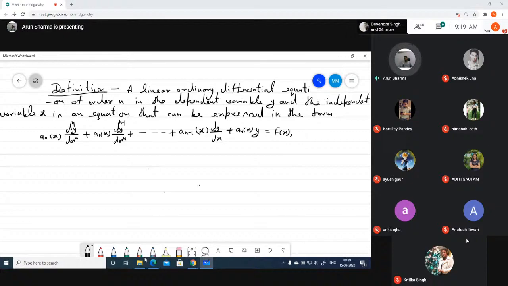This homogeneous and that homogeneous are different things. And if f(x) is some function of x, not 0, we call it a non-homogeneous equation.